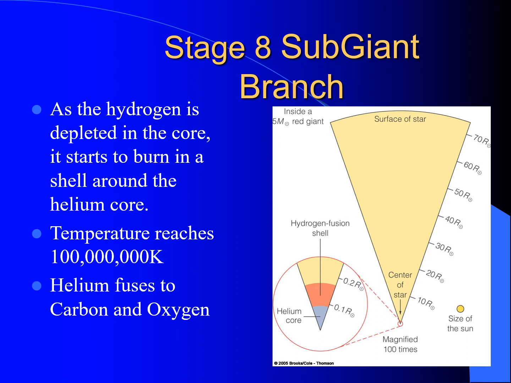Now keep in mind that this picture is inside a 5 solar mass red giant compared to the Sun. But you can see what's taking place. Here you have the hydrogen being converted to helium in a shell around the helium core. And notice that that's very small compared to the rest of the size of the star in this case.